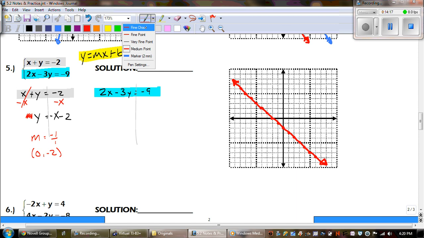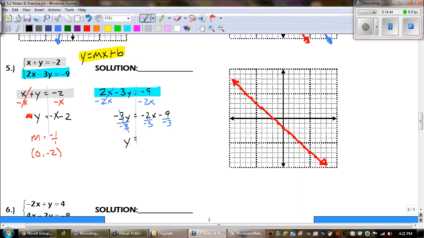Okay, next one. Once again, I need to get the y by itself, so I'm going to subtract the 2x from both sides. I've got -3y equals -2x minus 9. Now the y is not by itself, so I need to divide everything on the other side by -3.